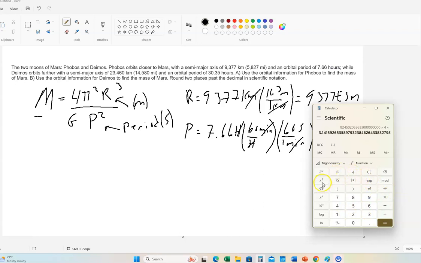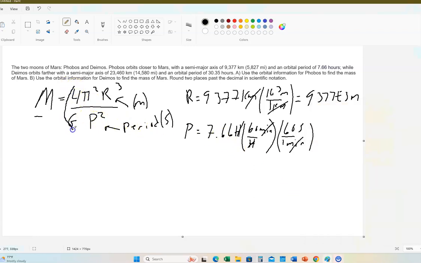Then we divide by big G. Just as a reminder, big G is 6.67 times 10 to the minus 11th.